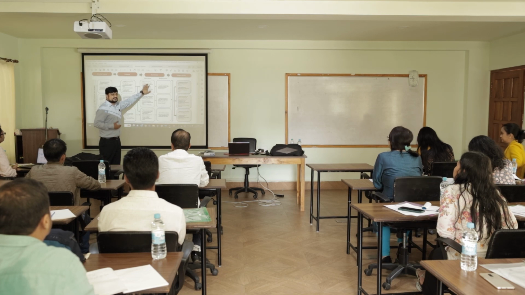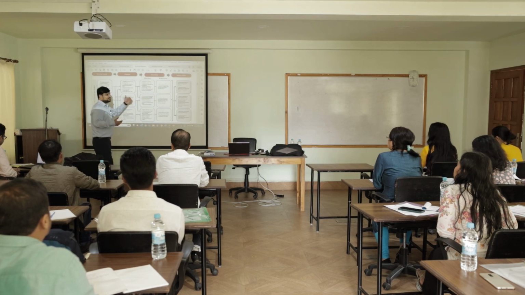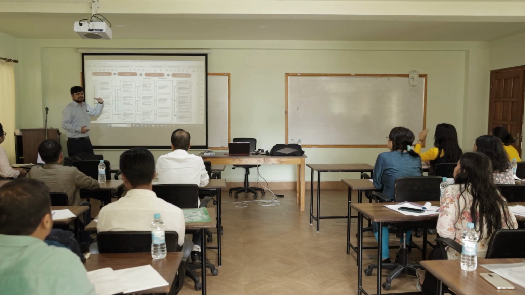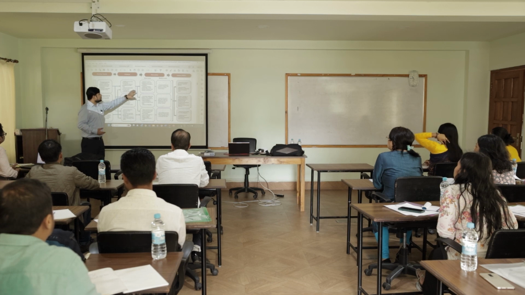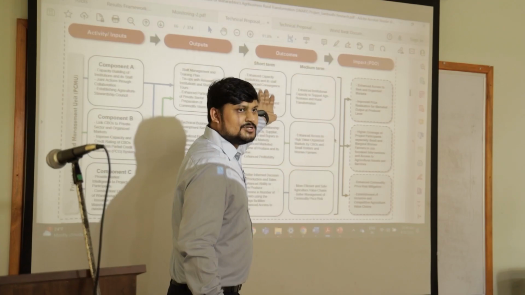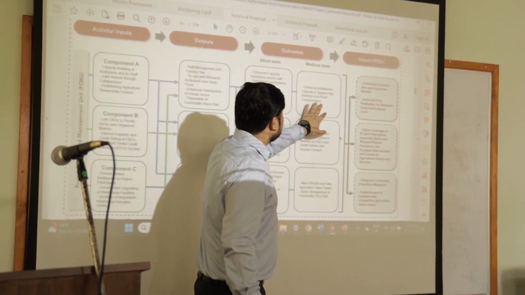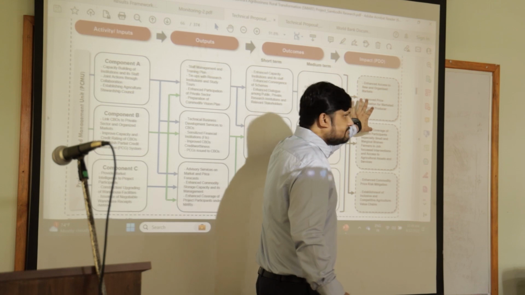So the capacities of the institutions and staff will improve over a period of time, right? Let's say you've provided another training, say after two months. Then it also contributes to enhancing the capacities of the institutions to prepare certain plans, right? And this will finally lead into impact level indicators.